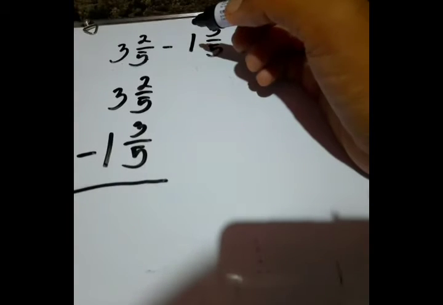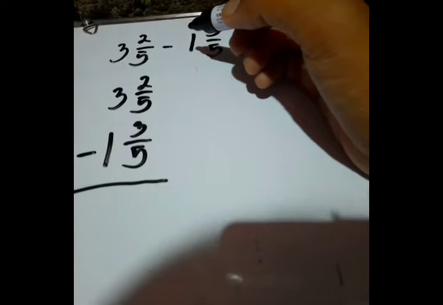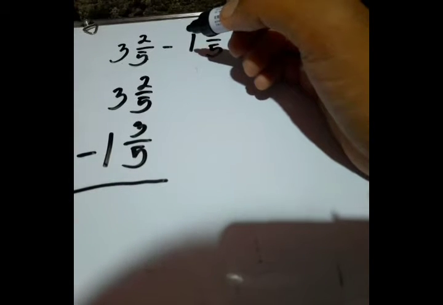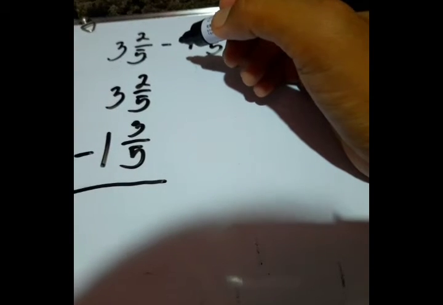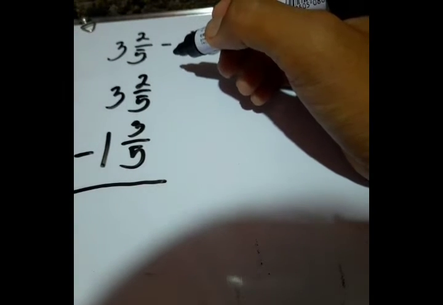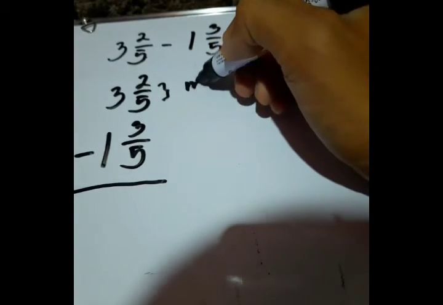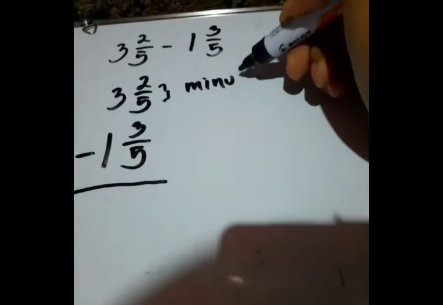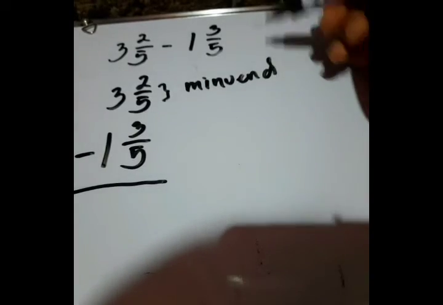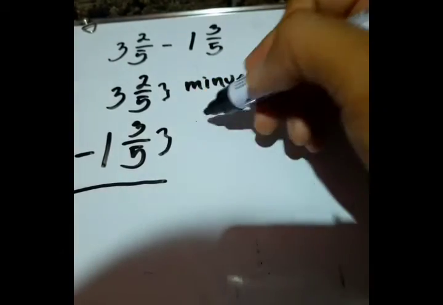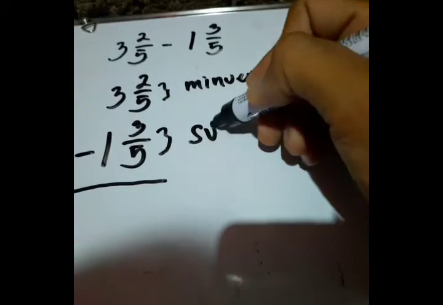Okay, so in subtraction, the minuend should always be bigger compared to the subtrahend. But can you guess where the minuend is? Okay, the minuend is this part. This is what you call the minuend, and the subtrahend is this one.